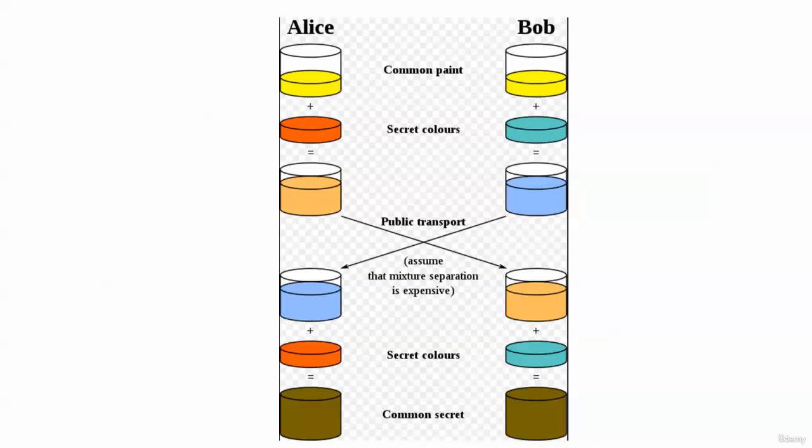Step 3, each party mixes their color with the mutually agreed upon color. And then that's what they actually exchange. Now, after that exchange of colors, each party mixes its private color with the mix it received from the other party. And if all is well and nothing got changed with any values over the wire, the resulting color will always be the same on each end.